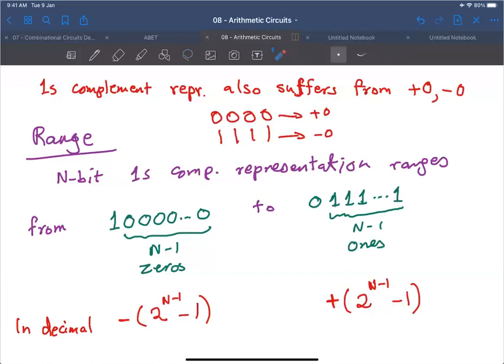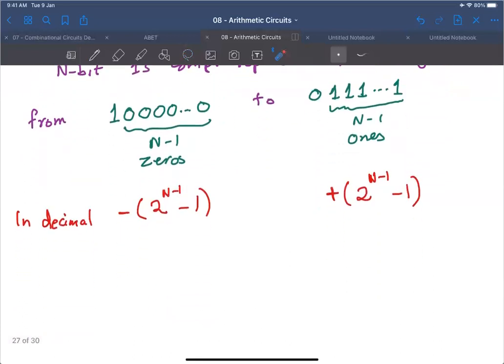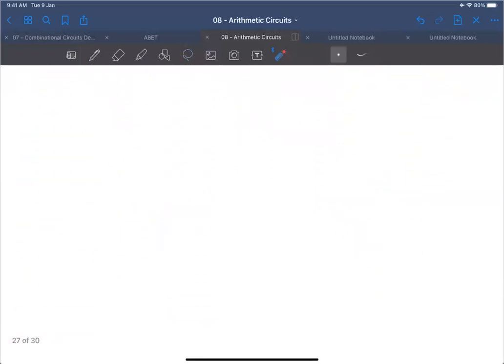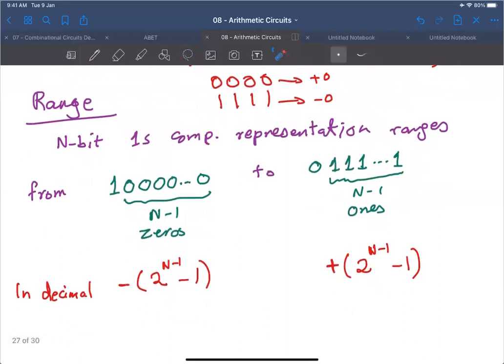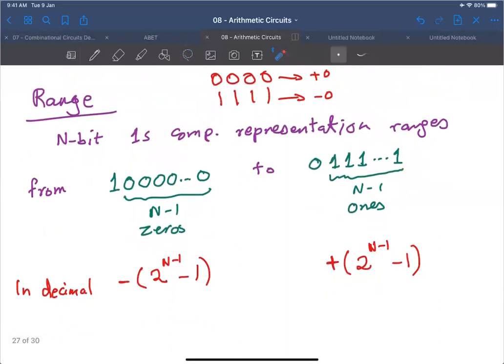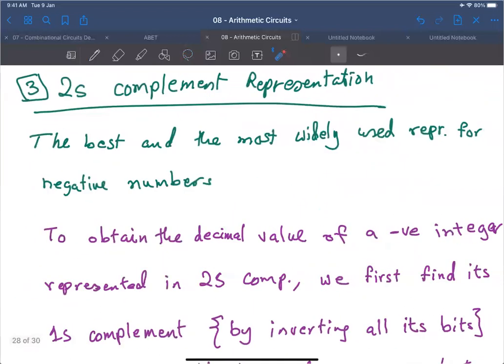Now the negative of this is going to be the lowest number, which is this number here, and its value is going to be the negative of this. Any question? Let me move on to 2's complement if there are no questions.